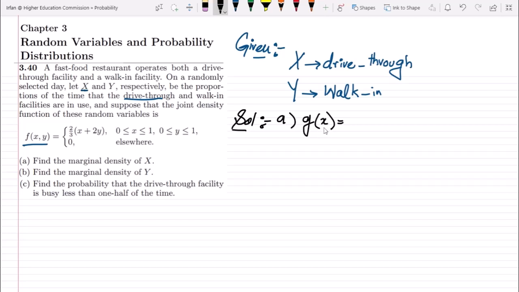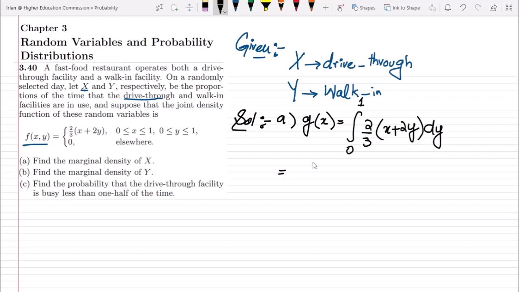Here we want the marginal density of X, so we integrate with respect to y. Both variables have the range 0 to 1, so the integral is from 0 to 1 of 2/3 (x + 2y) dy.